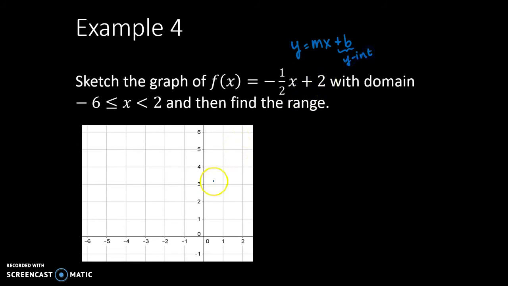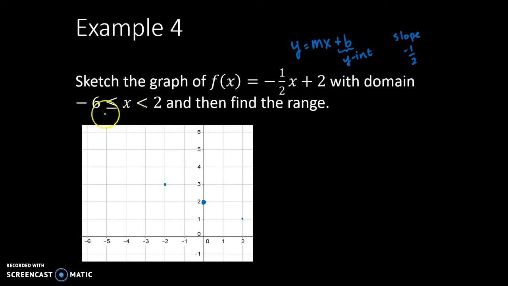So on my y-axis, I'm going to go to 2 and make a point there. And then I'm going to have a slope of negative 1/2. So from this point, I'm going to go down 1, right 2. And then I'm also going to go up 1, left 2 if I wanted to do more points.